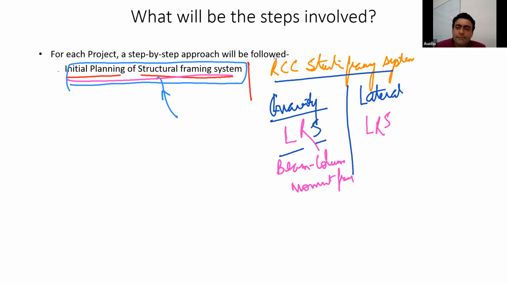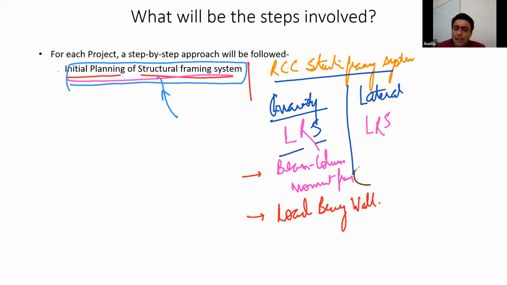Mr. Archit is saying dams. You can have a load bearing walls type of a system, isn't it? So one system can be beam column moment frame system. The other can be a load bearing wall system.